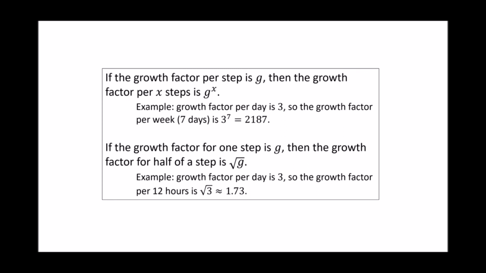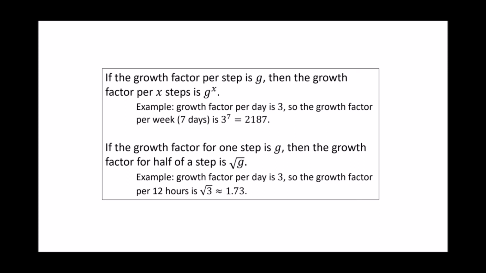So for instance, if your growth factor per day is 3, so every day it triples, then in a week, so 7 days, it's multiplied by 3 to the power of 7, so it's already multiplied by 2,187.